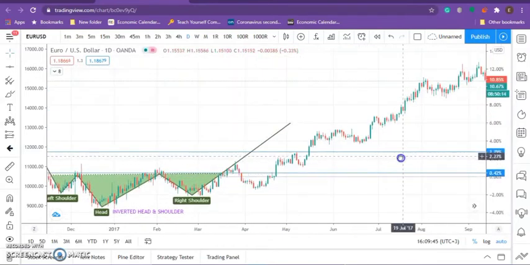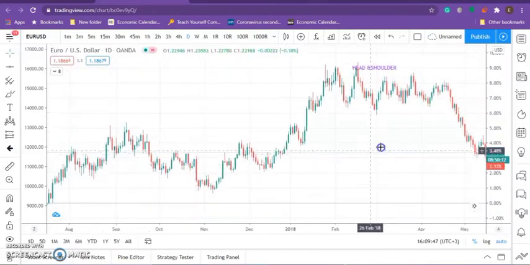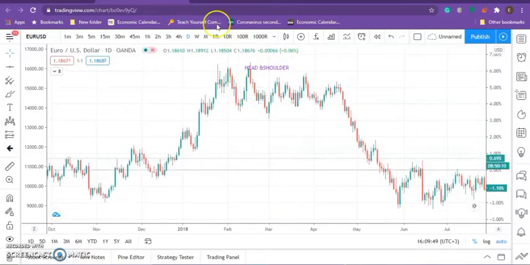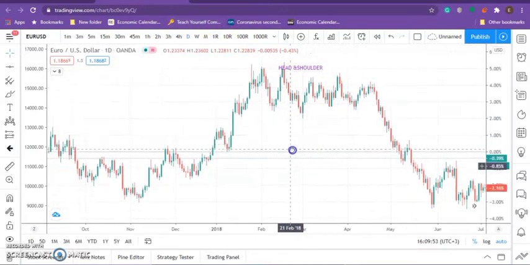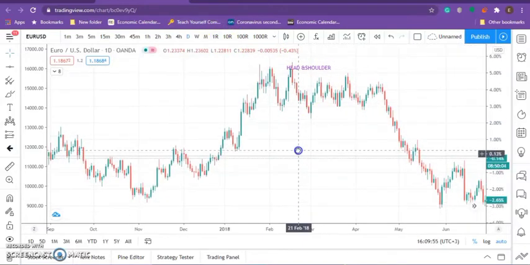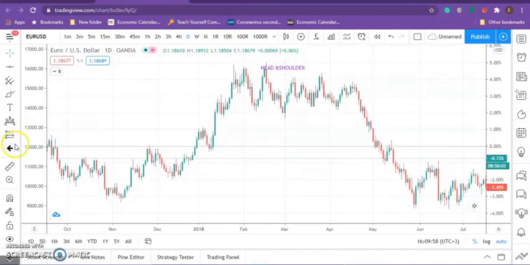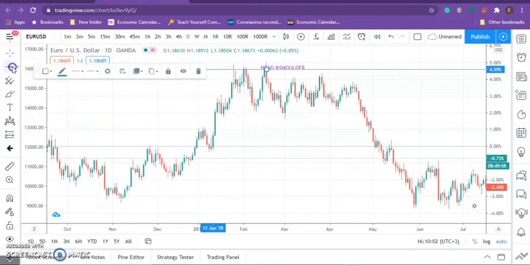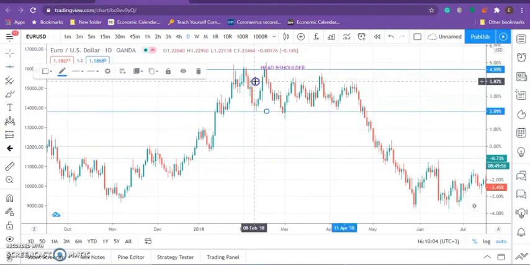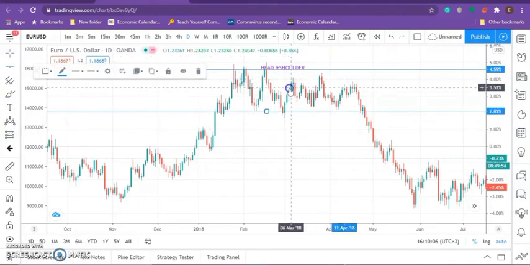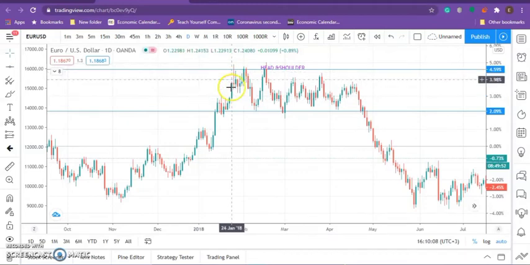Let's look at another one. This is a weak head and shoulder, but it is a very good example to identify a ranging market.